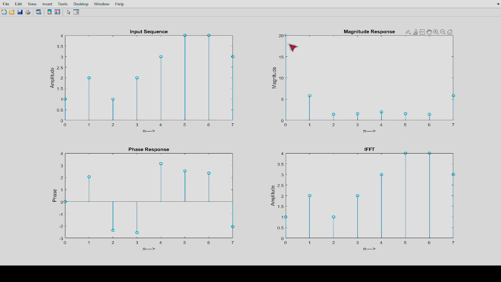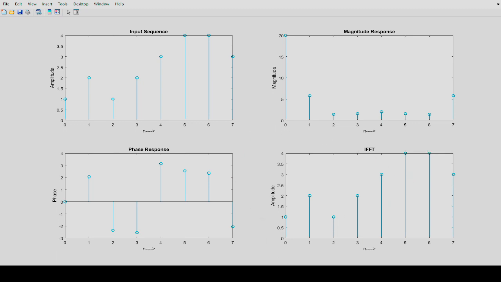For the magnitude response, the values are 20, 5.7, 1.4, 1.5, 2, exactly 2, 1.5, 1.4. For the phase response, it started with 0, 2.05, negative 2.3, negative 2.5, 3.1, 2.5, 2.3, negative 2. And for the IFFT, it started with 1, 2, the same as the one you input.